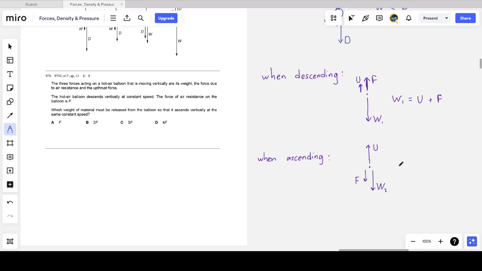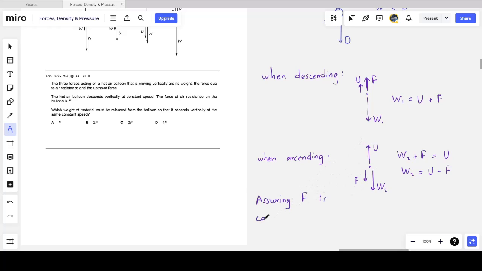What I have here is W2 plus F is equal to U. Now, this means that W2 is equal to U minus F. Now, what I'm doing here is I'm assuming that the drag force, or the air resistance rather, is constant.